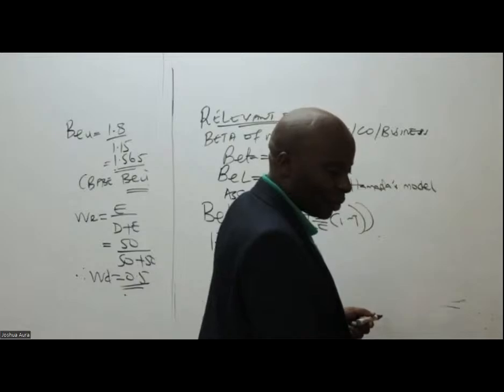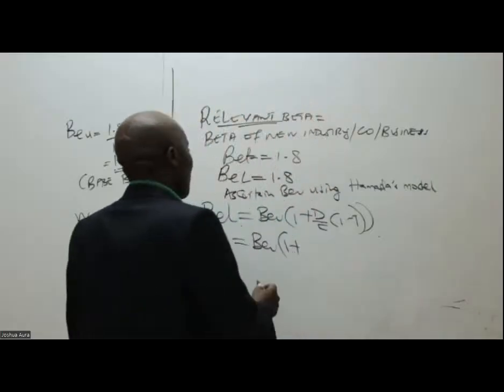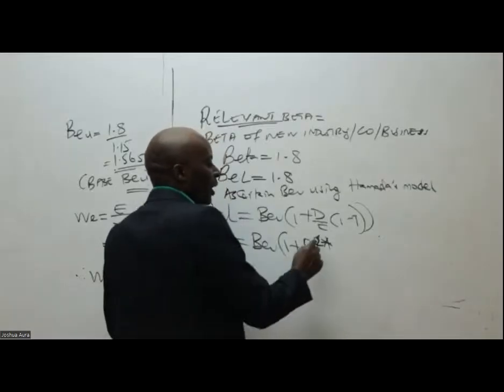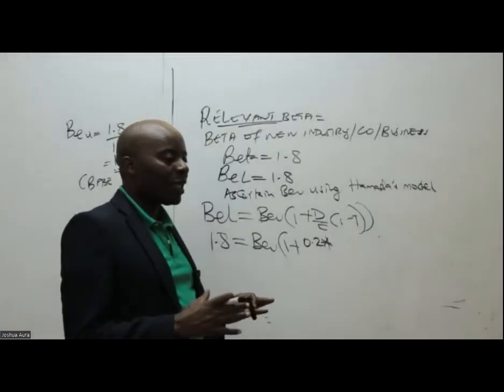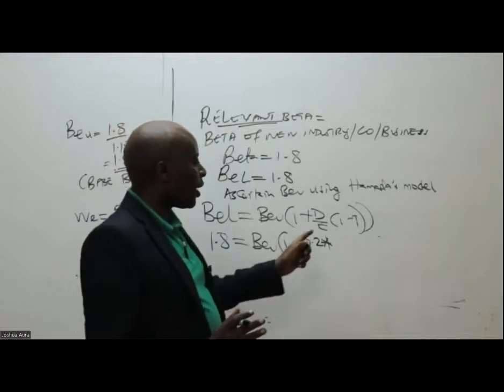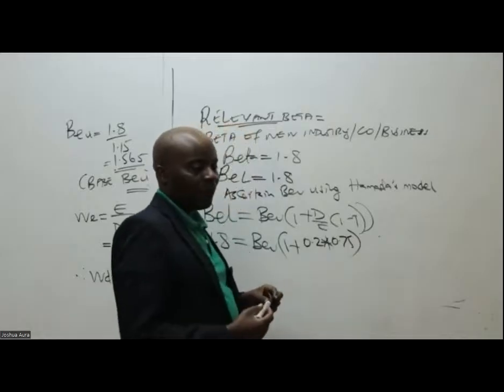In this question, they have given me the debt to equity of this new business. They have told me the debt to equity is 0.2. Into 1 minus tax: have they given me the rate of tax? Never assume it's 30%. In finance, if tax is not given, take it to be 0.25. So 1 minus 0.25 gives me 0.75.